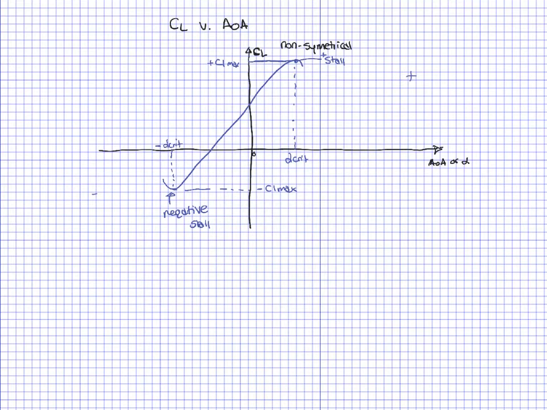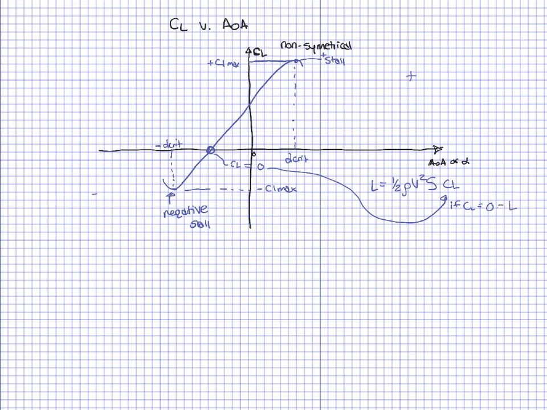And there's a point here that is an important point, and that is when CL, the coefficient of lift, equals 0. We remember the lift equation is 1/2 rho v squared S CL. So what happens here if CL equals 0?